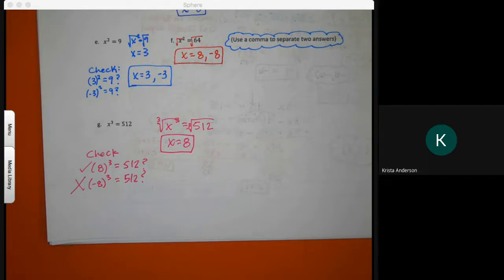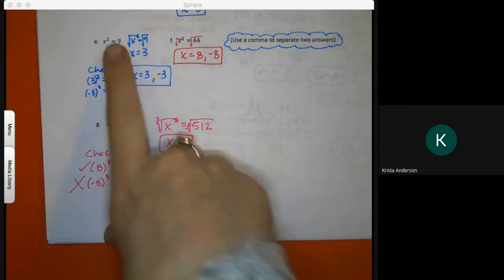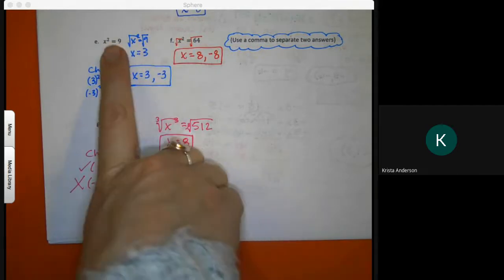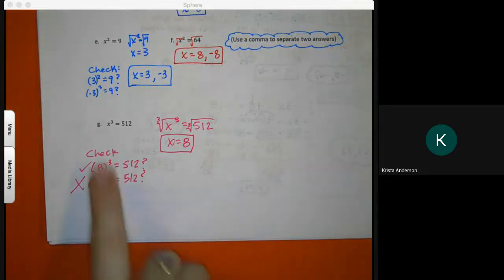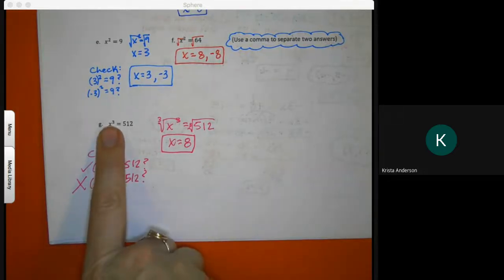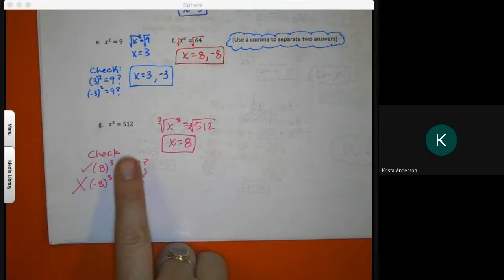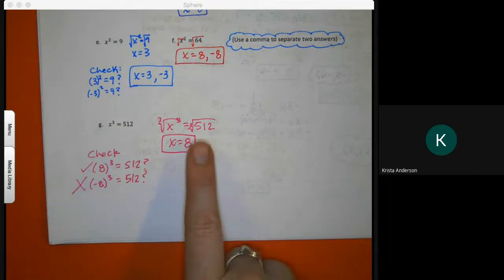Even numbers cancel out the negatives. So you can look at the power, it's squared. That means if I have 2 negatives, they would combine and become plus. If I have 3 negatives, it won't work. I would have it left over. So I only have an 8 as my solution.